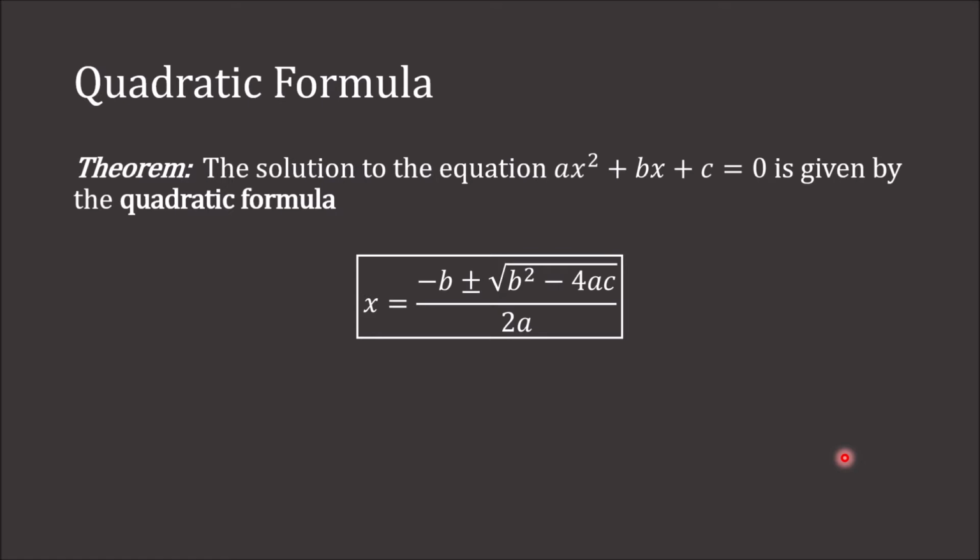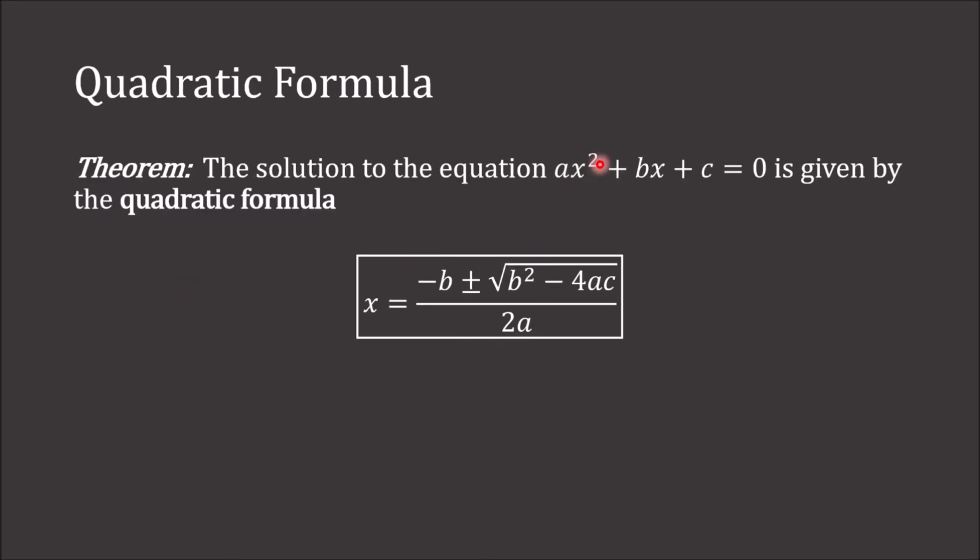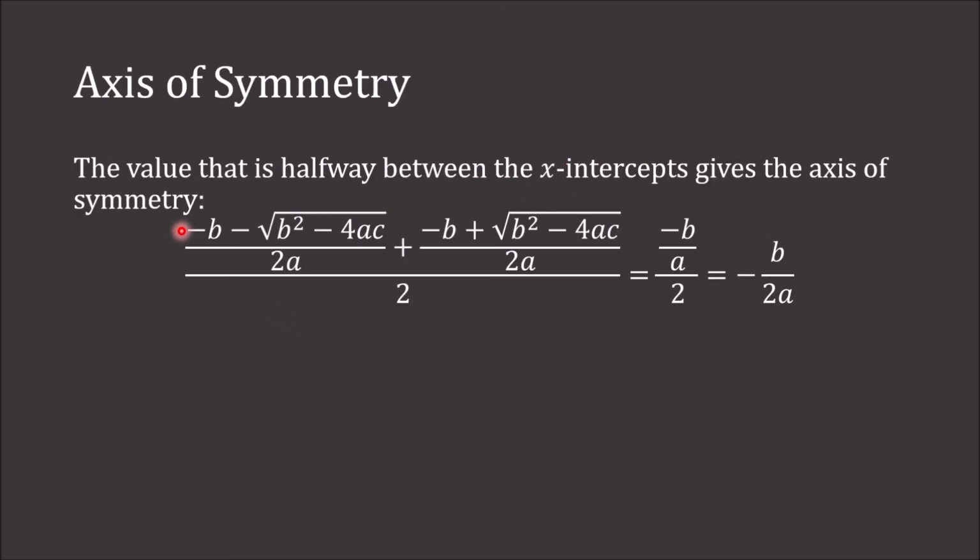We can now find the equation for the axis of symmetry. The value halfway between the x-intercepts will give us the axis of symmetry. The two x-intercepts are where the function is equal to 0, which we just said is given by the quadratic formula. The first one is negative b minus the square root of b squared minus 4ac all over 2a.